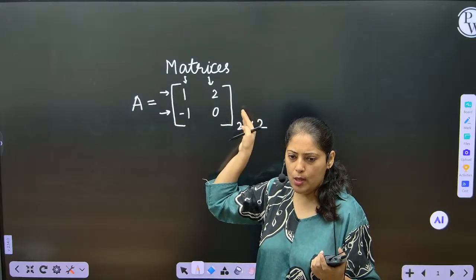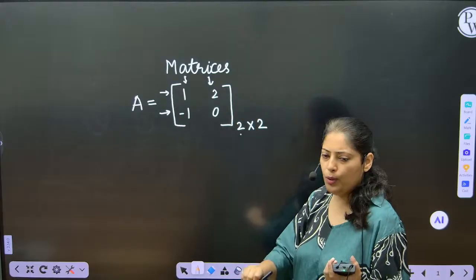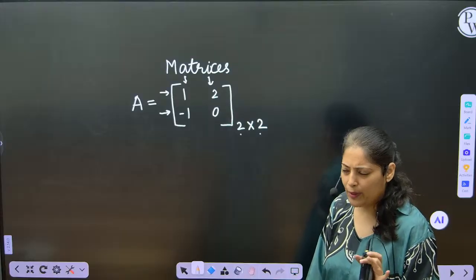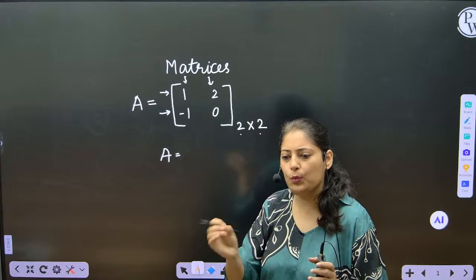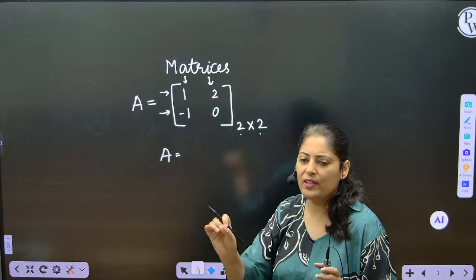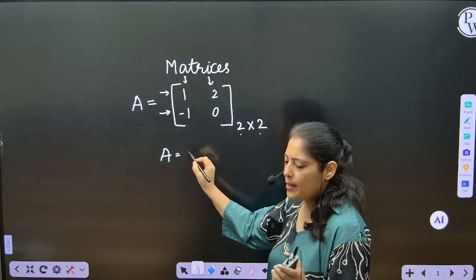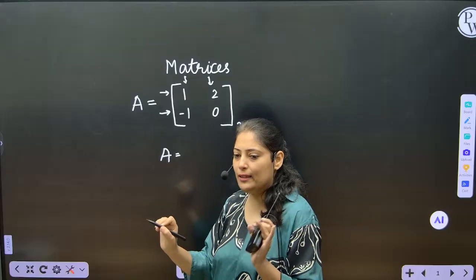Horizontally rows, vertically columns. First we write row, second we write column. This is just a way to do it. Yesterday I also told you about the notations A11, A22, A33. Now today I am telling you how to write a matrix.